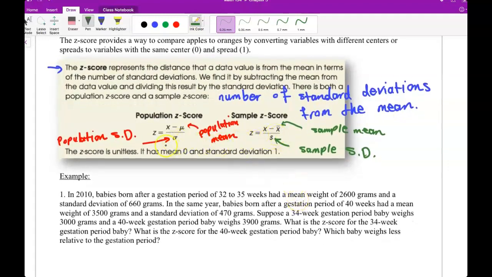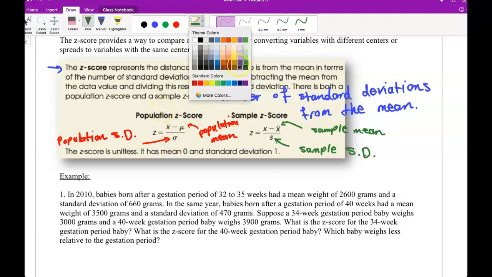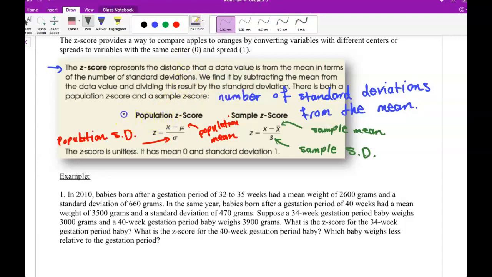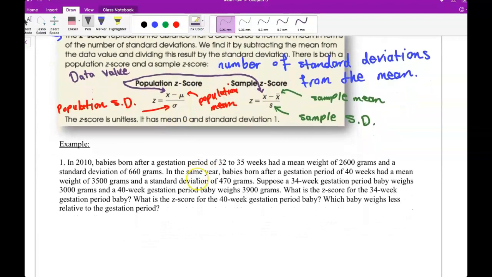For both of these, we have exactly the same thing. The z-score is equal to x, which is our data value, minus the mean, divided by the standard deviation. So these two x's are data values.